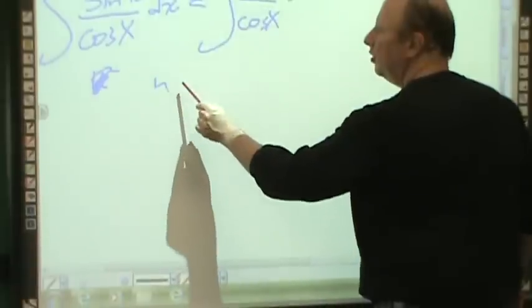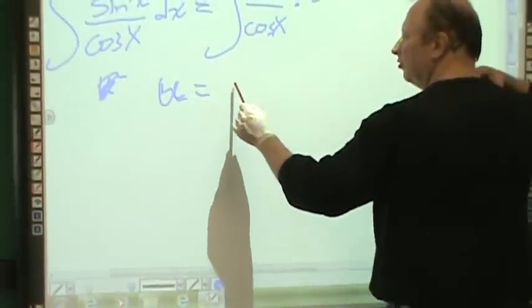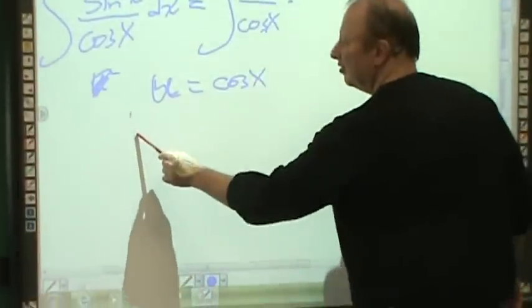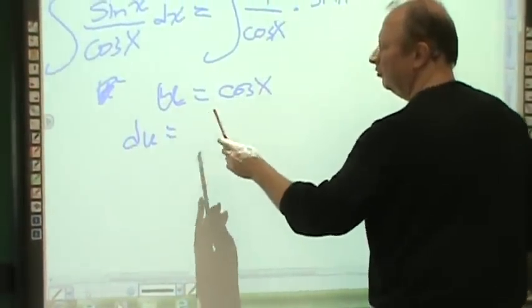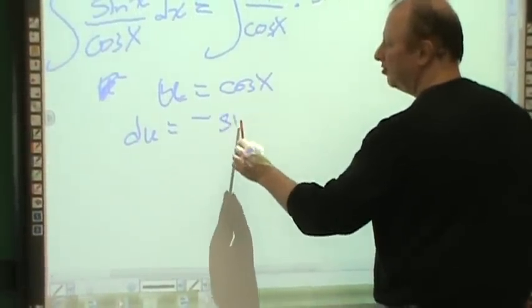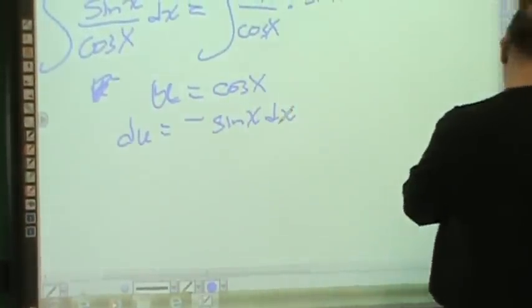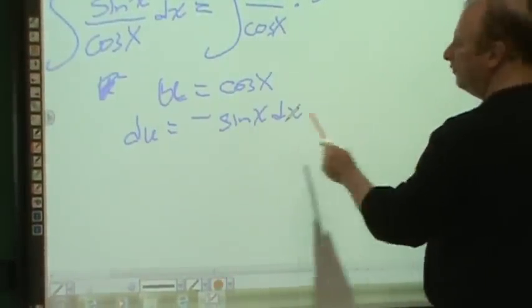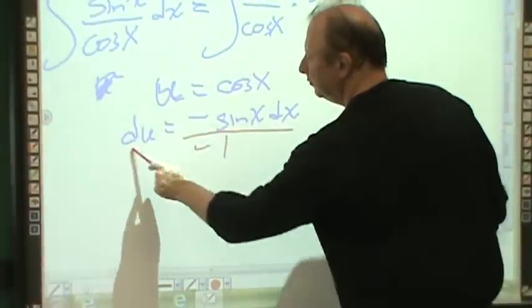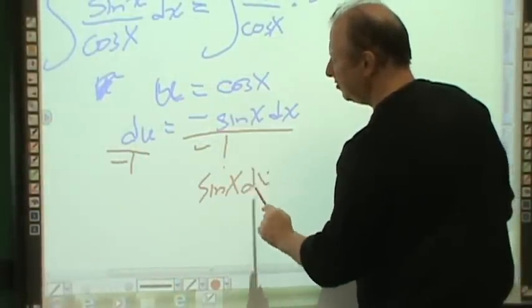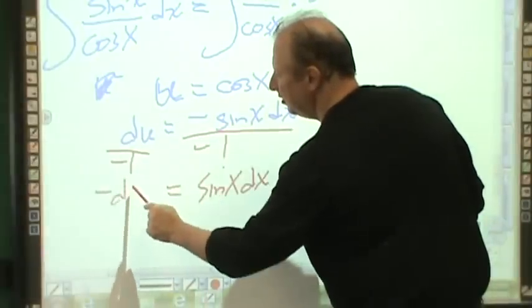We know u is equal to cosine x. Well, if that's the case, du is equal to negative sine x dx. And like the previous example, I'm going to divide both sides by -1. So sine x dx is equal to negative du.